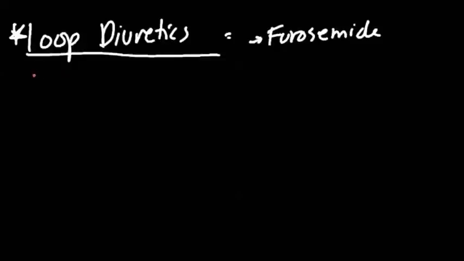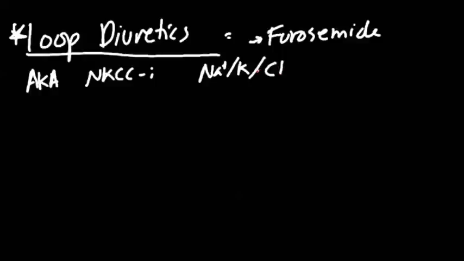So loop diuretics are also known as NKCC diuretics, and that simply stands for, well, they'll be NKCC inhibitors because an NKCC is going to be a transporter of sodium, potassium, NK, chloride times 2 ions. So we're going to move a sodium, we're going to move a potassium, and we're going to move 2 chlorides. It's going to be an NKCC transporter. So if we inhibit this, we aren't able to move these ions. So that's kind of the basics.